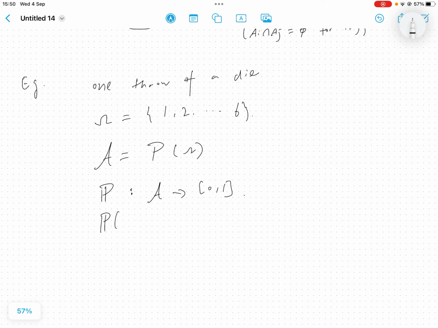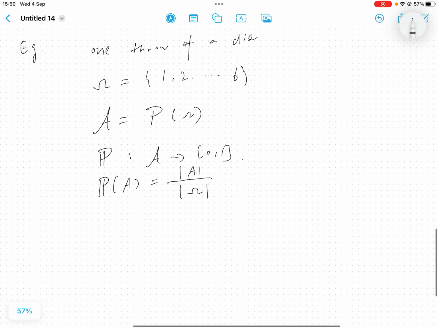So let's say P of some event A is the cardinality of the set over the cardinality of the omega set, right?